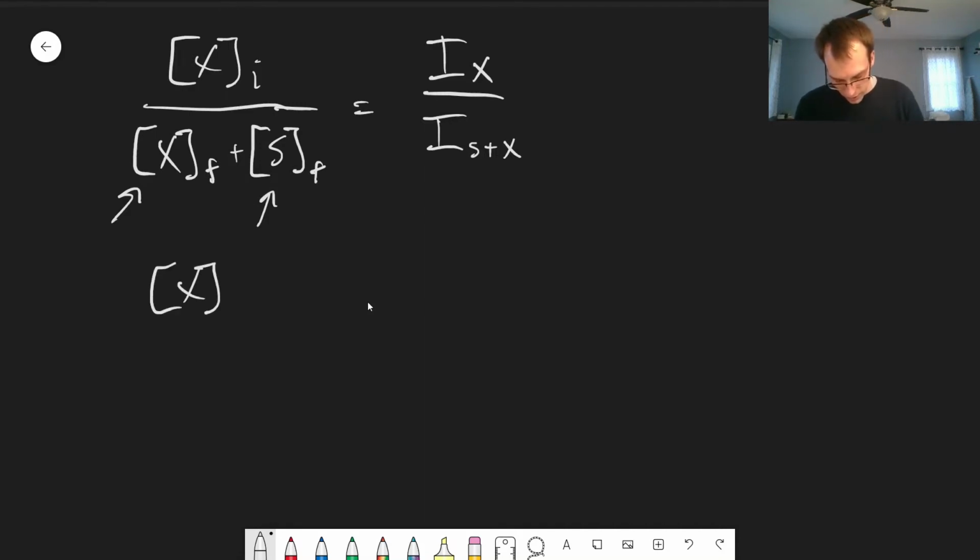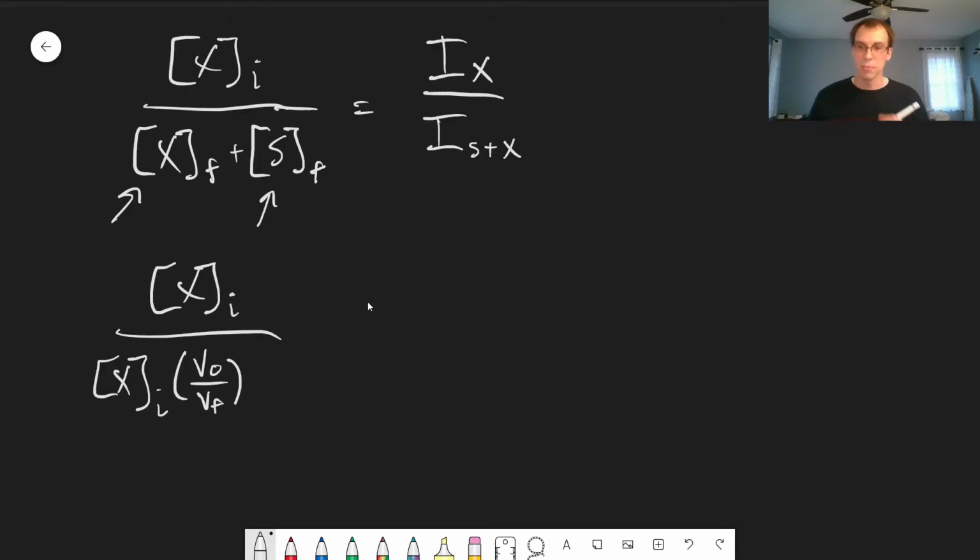So we'll have xi divided by xi. Let me write that consistently, the I on the outside. So xi being the concentration in our initial solution, which is what we want. That'll be equal to the initial volume. We need to multiply that initial concentration times the initial volume divided by the final volume to find the final concentration.